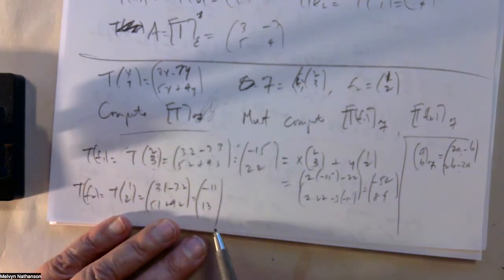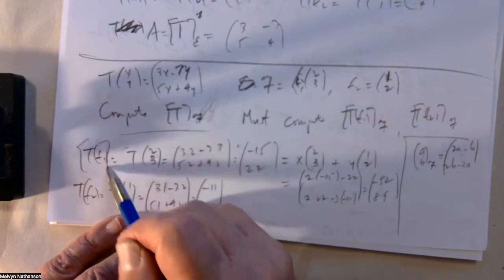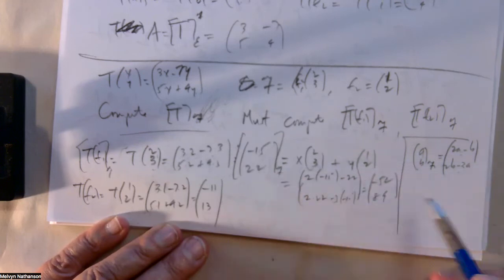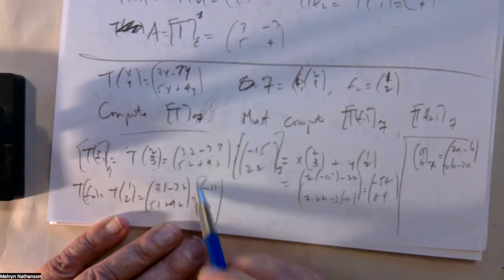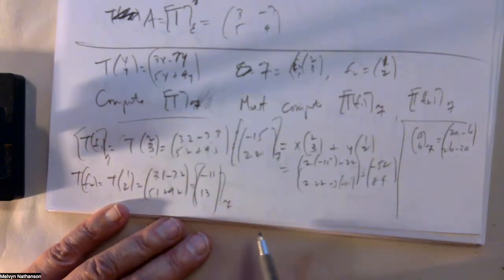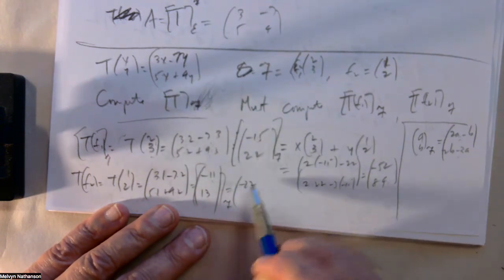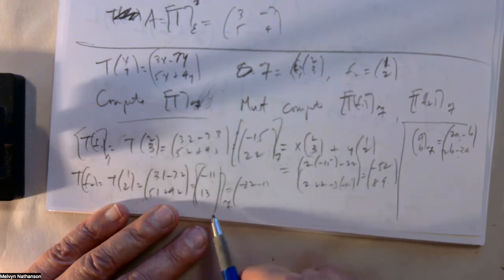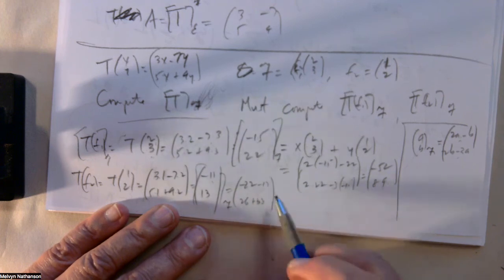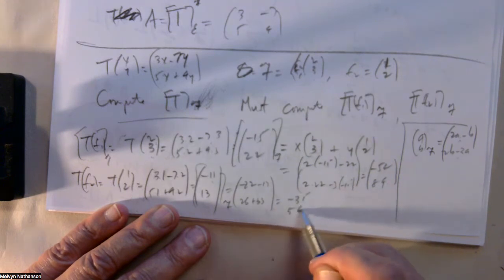So the coordinate vector for this, with respect to the basis f, for (minus 11, 13) is 2a minus 2b... minus 22 minus b, 2b minus 3a. So this looks like minus 35, 59.